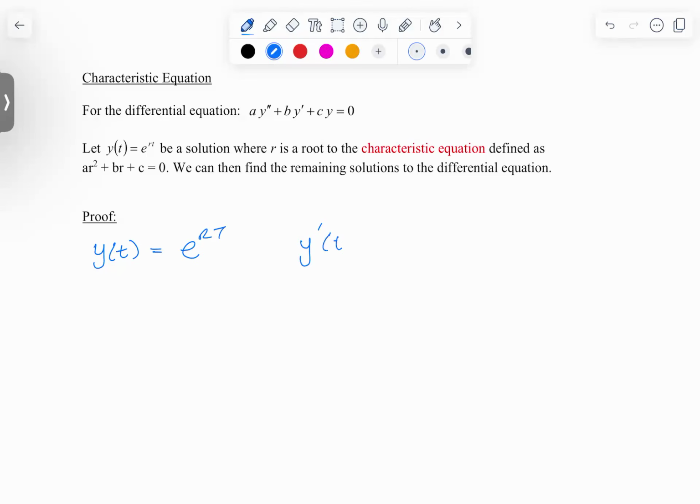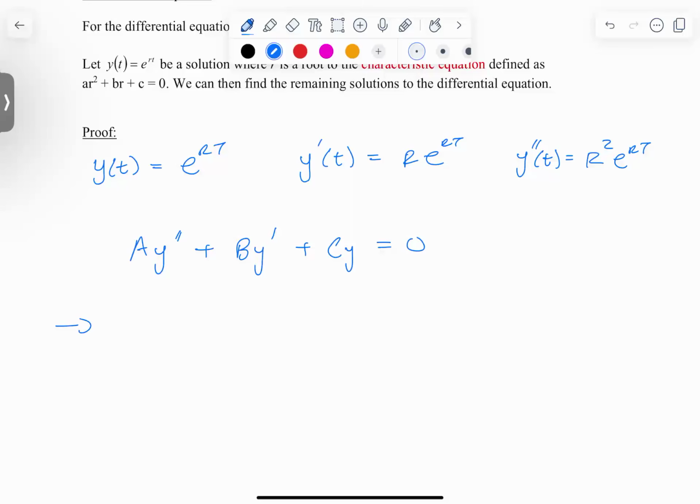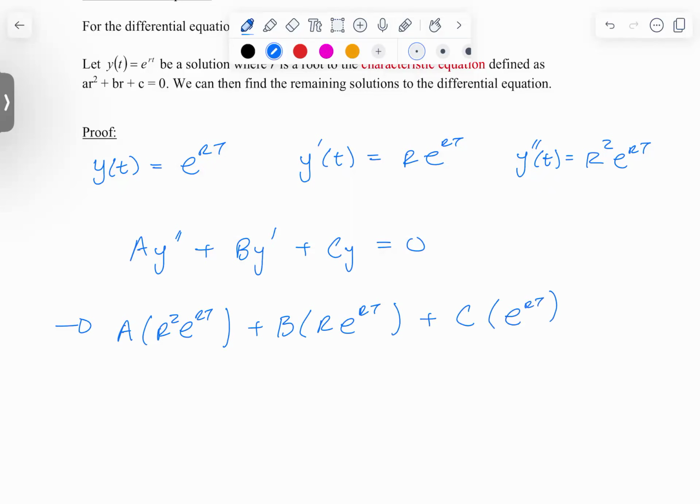All right, back to our equation. I need to take a couple derivatives. With my given y of t, when I plug that into my homogeneous second order differential equation, I can immediately factor out e to the rt.